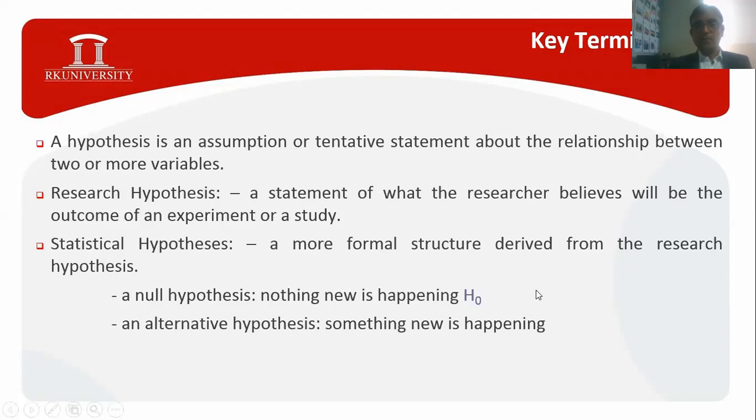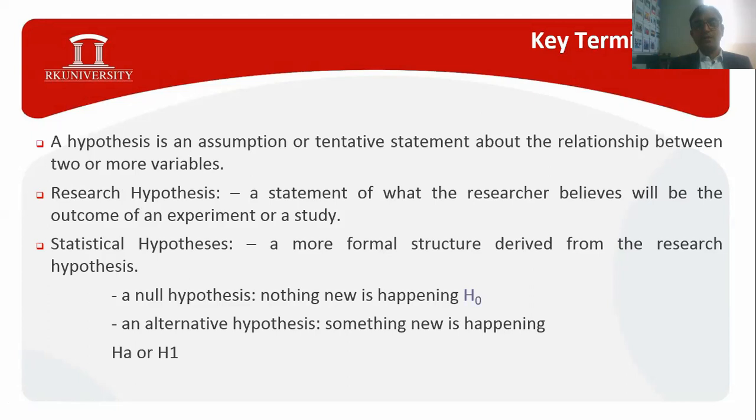Generally the null hypothesis is denoted by H0, whereas the alternate hypothesis is denoted by HA or H1. The alternate hypothesis is sometimes also referred to as the researcher hypothesis. So whatever new claim you want to establish will be stated in the form of the alternate hypothesis.